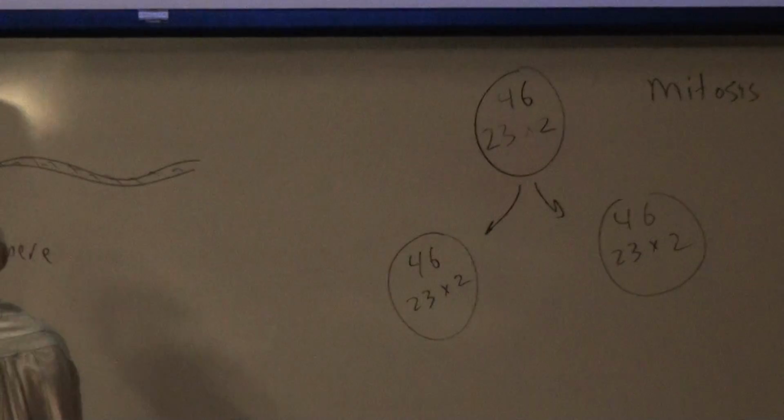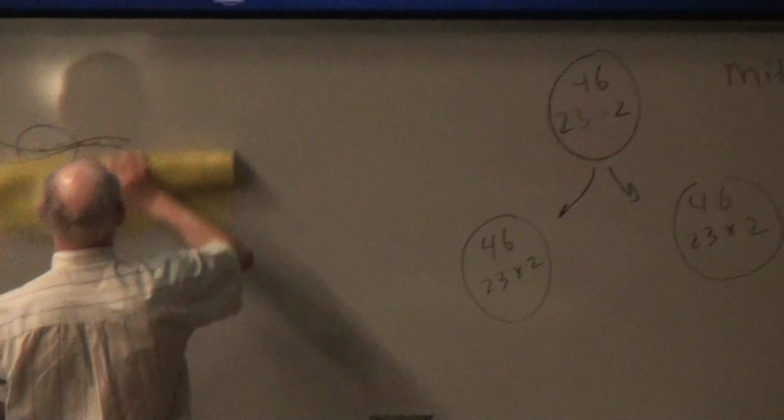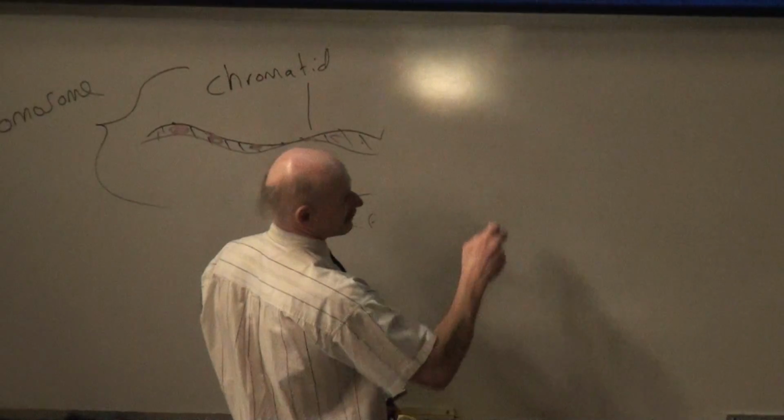But in meiosis, each daughter cell only gets one set of chromosomes.